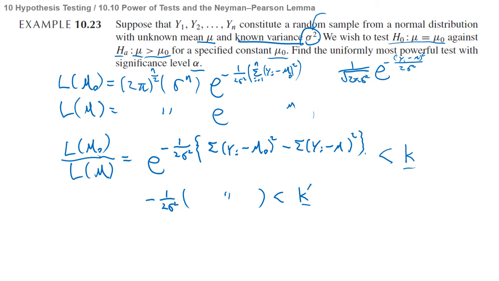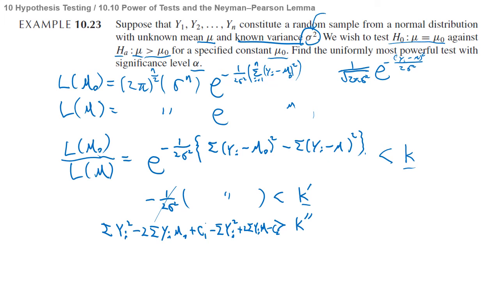Maybe we can specify this as k dash. If we cancel this thing, then we can change the sign with k2 dash of this thing, and this part is the sum of yi squared minus 2 times the sum of yi mu 0 plus some constant 1, minus the sum of yi squared plus 2 times the sum of yi mu, minus some constant 2.